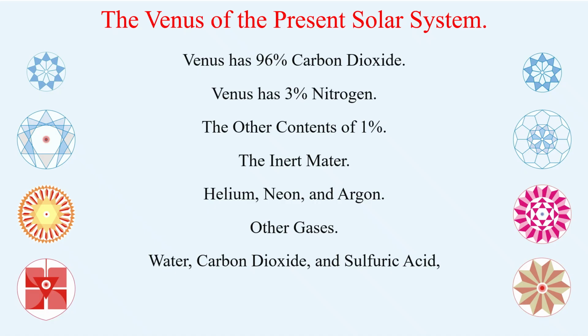Other gases are water and carbon dioxide continues, and there is sulfuric acid thereafter. That means sulfuric acid has an important role in organic chemistry and particularly enzymes and some of the chemicals within the human body. So this is the reflection which I see from the universal consciousness, which I am going to see in the human body to make a difference in how to be healthy, wealthy, wise and happy.